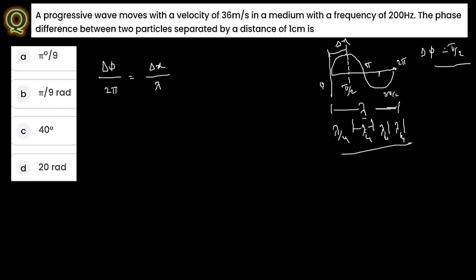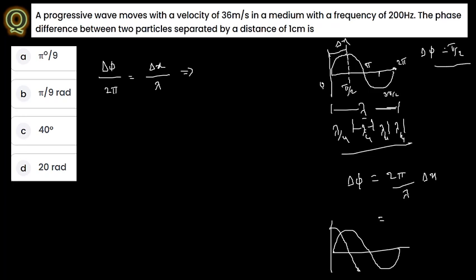For example, you just use the same formula. The phase difference del pi you are going to find out here is 2 pi by lambda into del x. Say for example, one wave is starting from this side, and another wave is moving from this side.